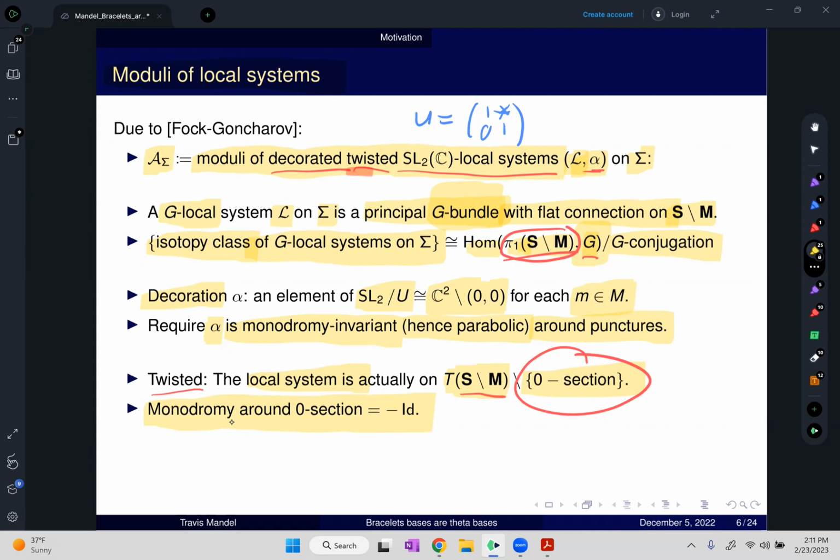But if I put in a little closed loop which contracts to a puncture, to a marked point, is the only requirement on the monodromy of the local system that it has trace 2, or should it really be the identity, or is that the same? Sorry, I think we want trace 2. I think. Okay.